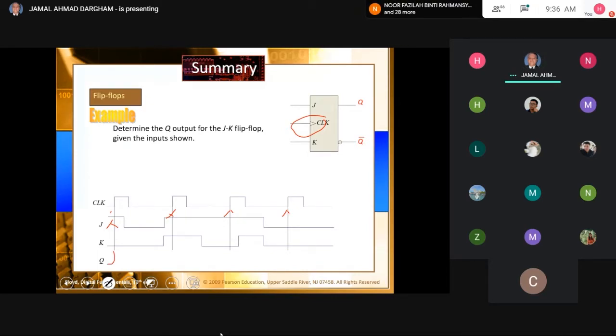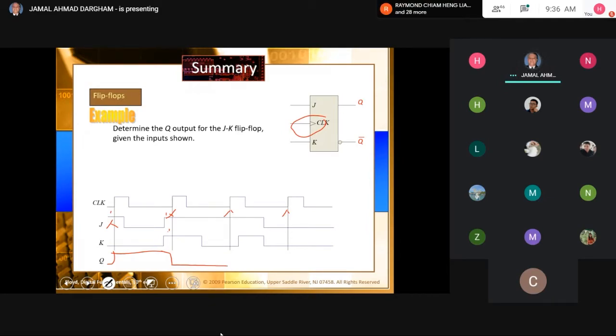It will remain up until the next clock here. And then here I look at J and K. 1 1 is toggle, so it was 1, it goes to 0, and it will remain until here.